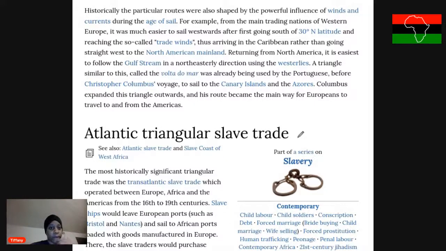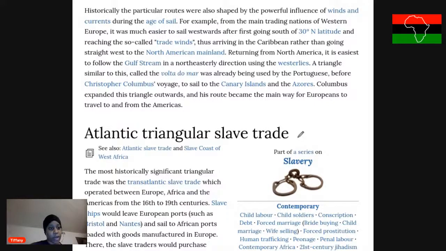Returning from North America, it is easiest to follow the Gulf Stream in a northeasterly direction using the westerlies. A triangle similar to this, called the Volta do Mar, was already being used by the Portuguese before Christopher Columbus' voyage to sail to the Canary Islands and the Azores.